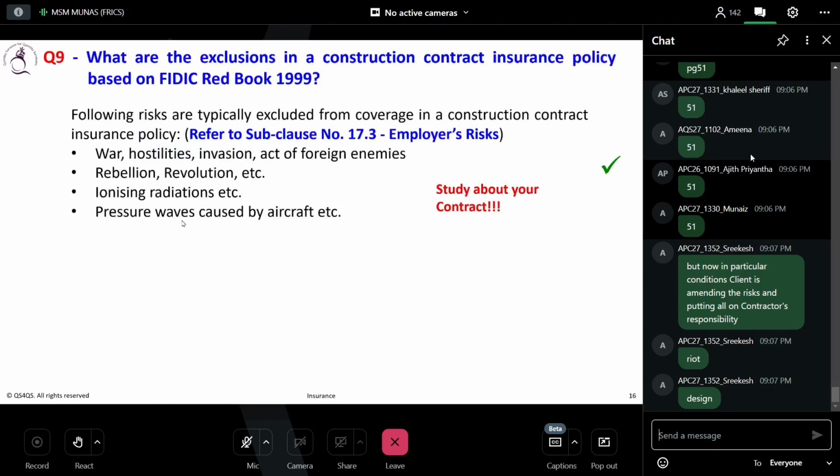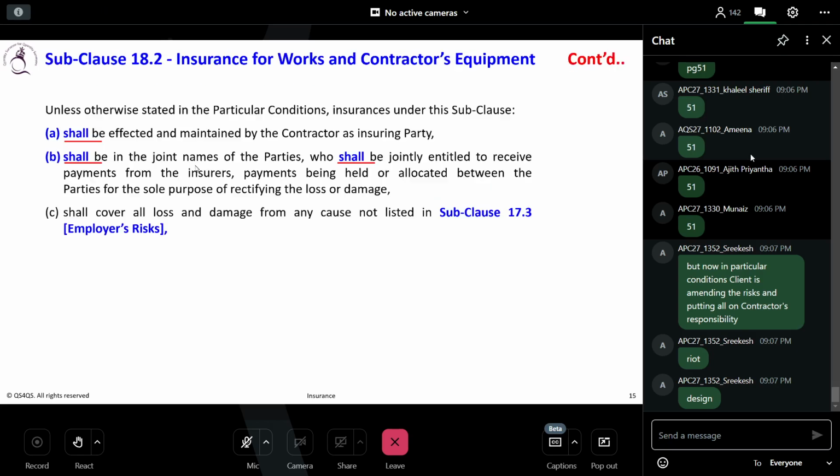So this sub-clause D and sub-clause 18.2C shall cover all loss and damage from any cause not listed under sub-clause 17.3.